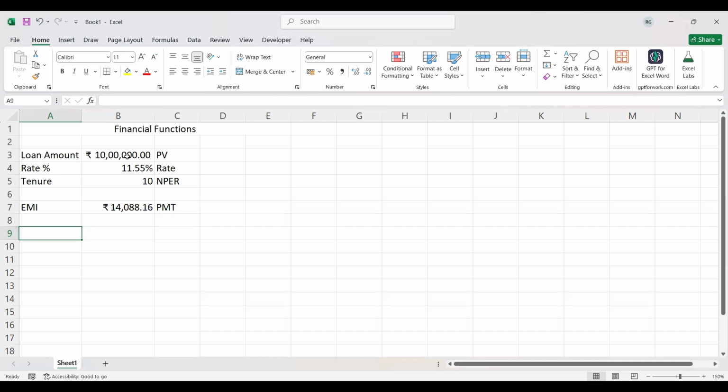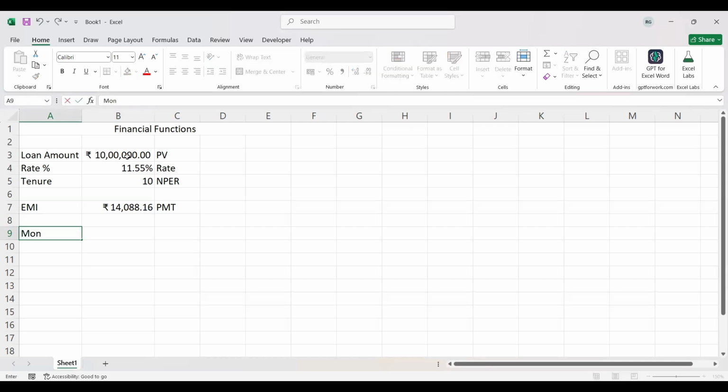I have to check how much principal and how much interest I am paying per month. We all know that in the starting months we pay less principal and more interest. As the months increase, going towards the last EMIs, the principal will increase and the interest will go down.